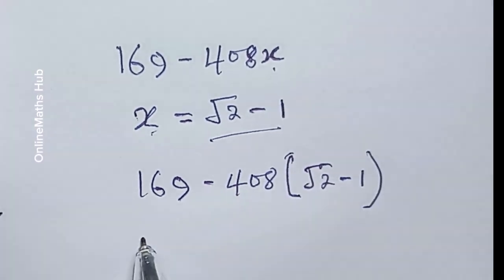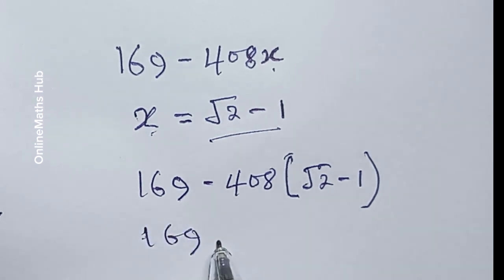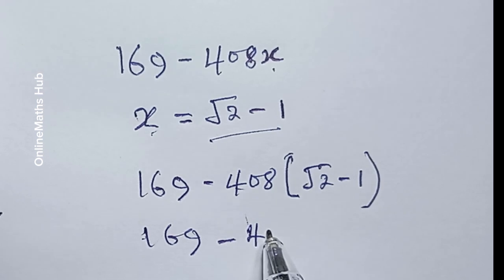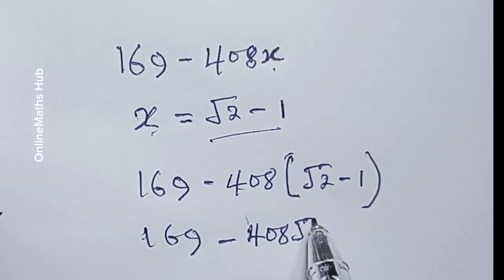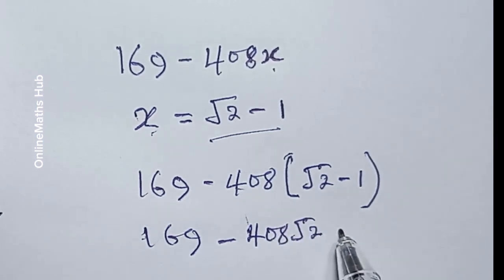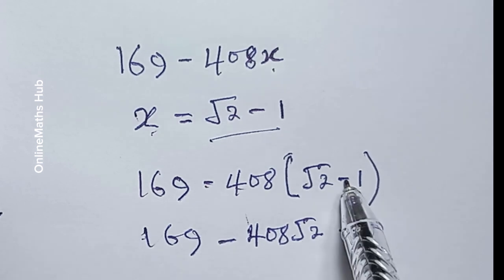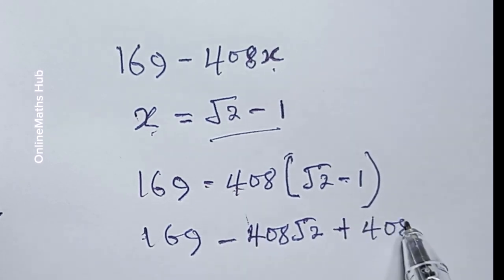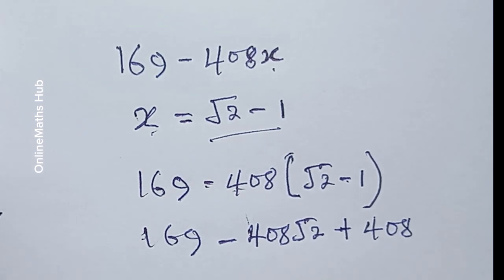So what I'm going to be having is 169 minus, when you use this to multiply this, I'm going to be having minus 408 root 2, and then of course this multiplied by this will give us plus 408.